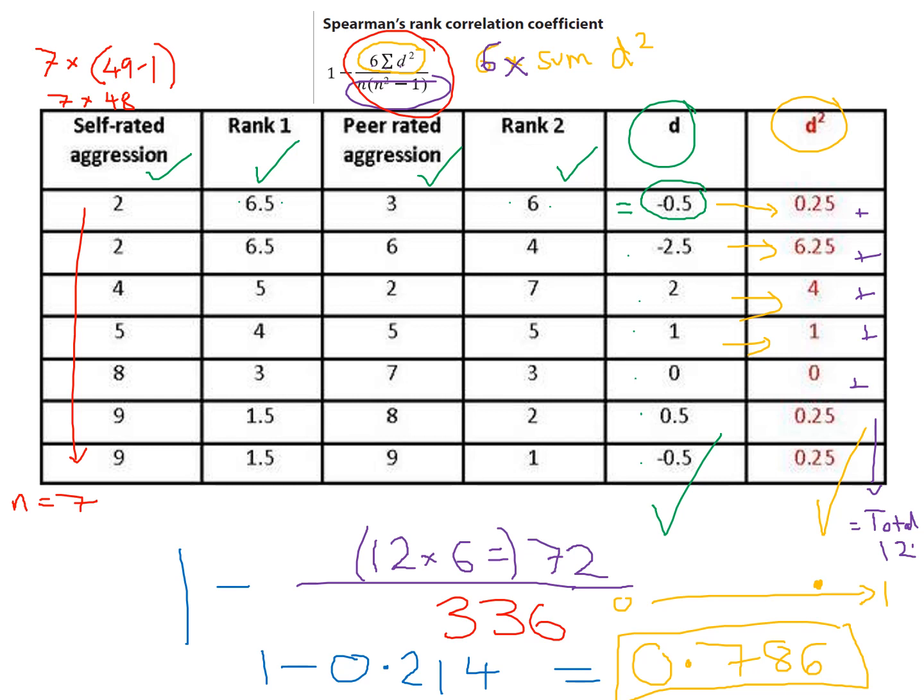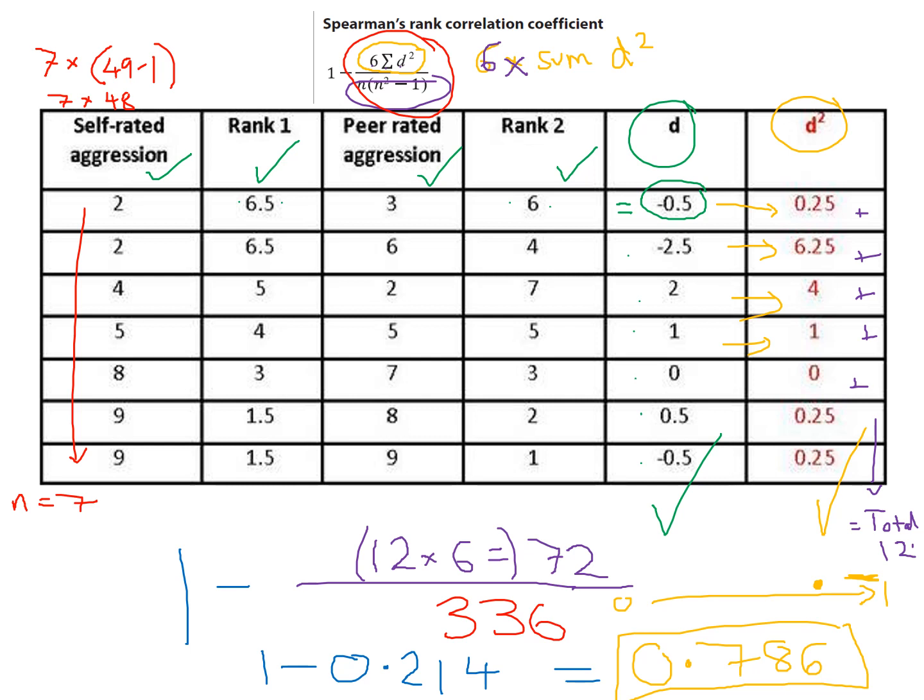You'd expect that to be sort of in this region here, sort of 8 and above, or 8.5 and above. But here you've got quite a strong correlation, right? So for this question, we're looking at a strong positive correlation between self-rated aggression and peer-rated aggression. So in this case, people generally agree with their friends as to how aggressive they actually are.